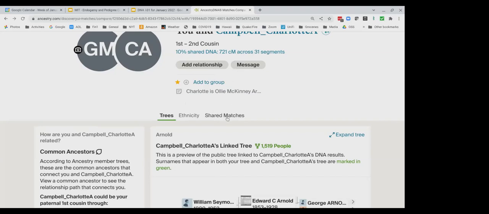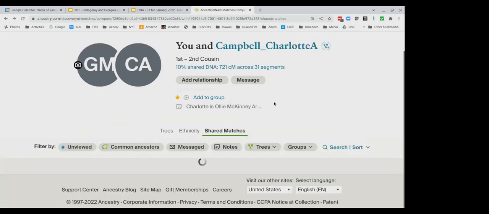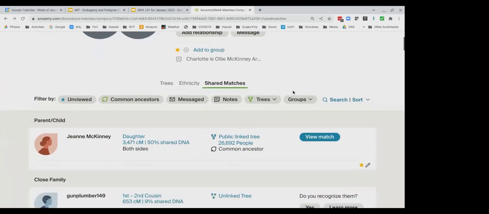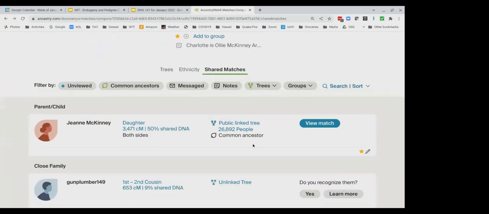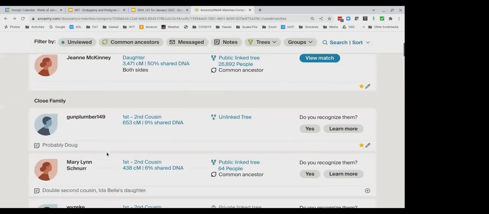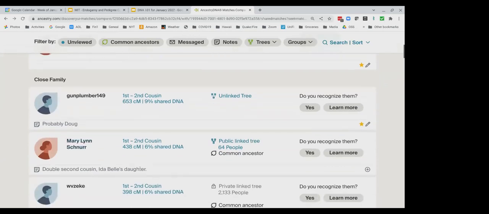Now, the other thing we can always do with Charlotte is look for what's called shared matches. This is other people in my database who match with Charlotte. My daughter does, that's obvious. Note that my mother does not, which is obvious because my mother is not a McKinney. She's not related to my father's family. Gun Plumber is, well, Gun Plumber is her brother. But then more people. We know who this person is, Ida Bell's daughter.